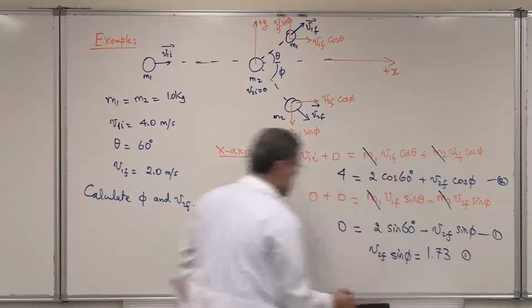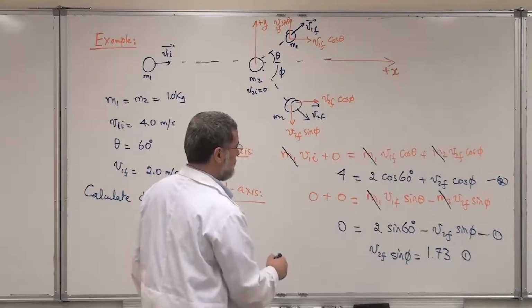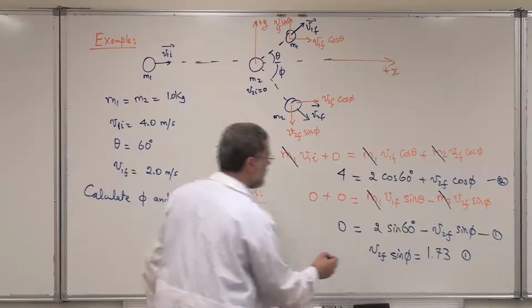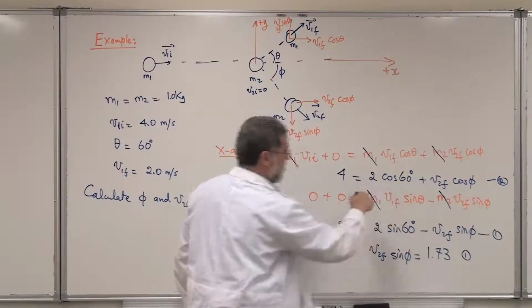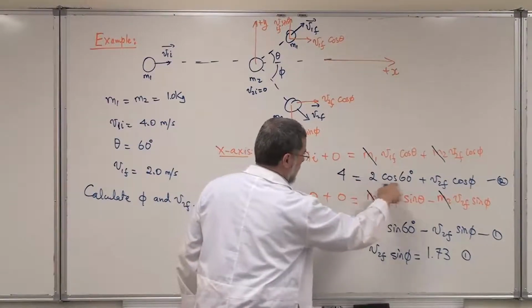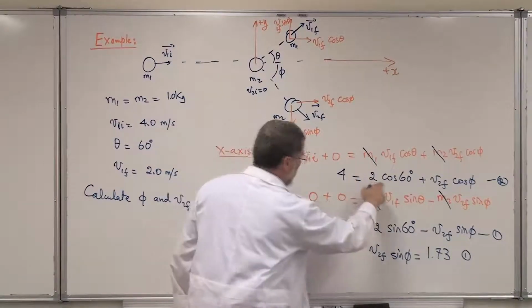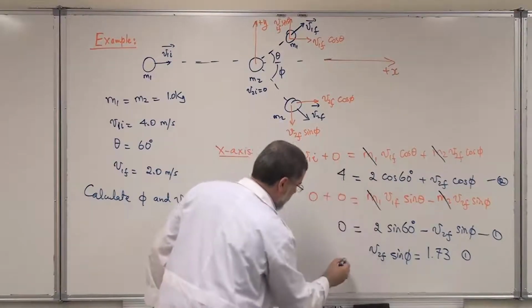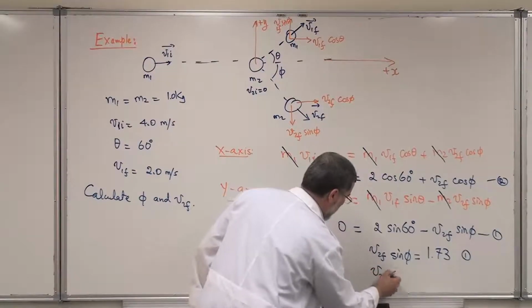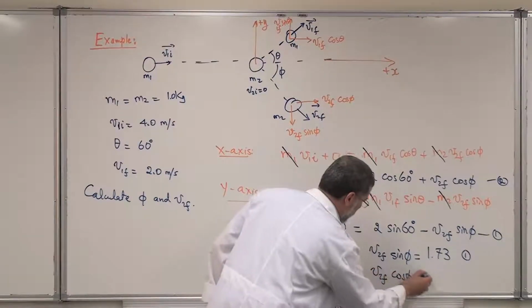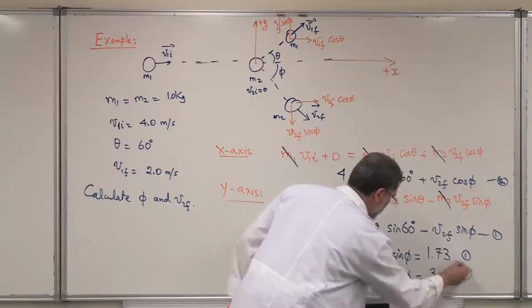Equation number 1. And the second equation: cosine 60 is half, so this is 1, and this is 4. There will be 3. So v2 final cosine phi will be equal to 3. This is equation number 2.